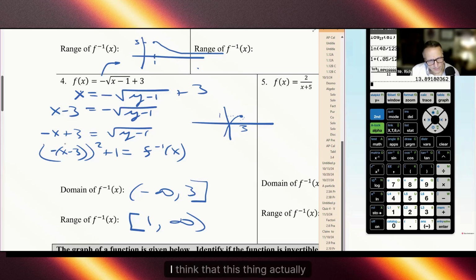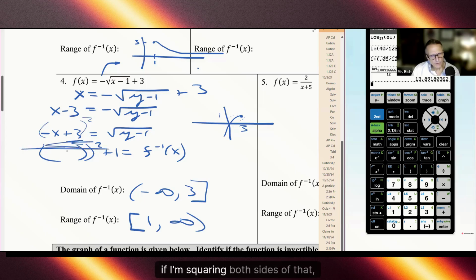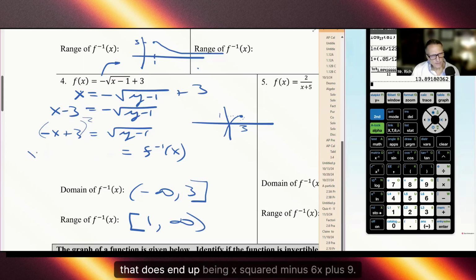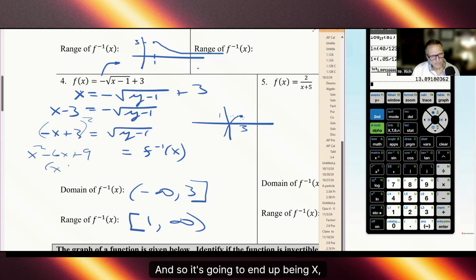Actually, I think this would open upward. If I'm squaring both sides, that ends up being x squared minus 6x plus 9, so it's x minus 3 squared, opening upward.